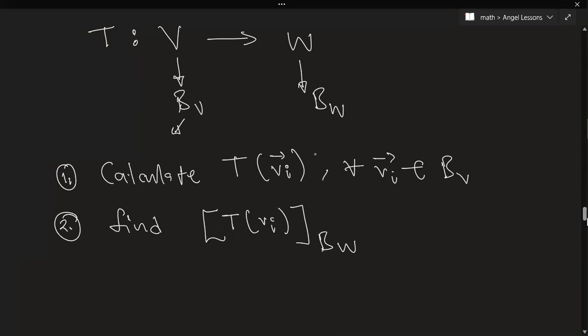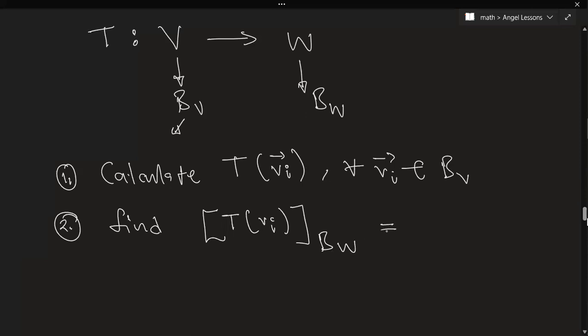Which means for each output that you get here, you are going to find the coordinate vector which corresponds to that output with respect to the basis of the vector space W. You see that?